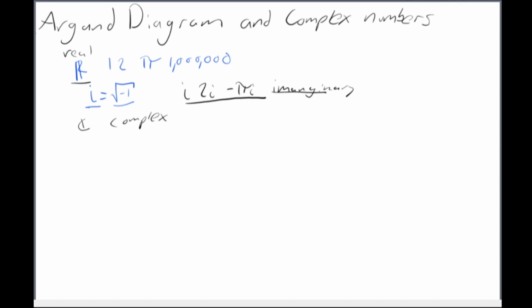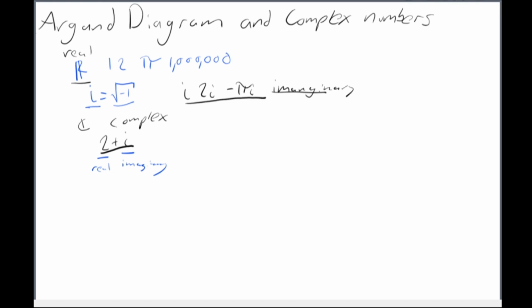So something like 2 plus i is a complex number. There's no real way to combine or simplify this expression anymore. We have the real part over here, the 2, this is the real part, and the i is the imaginary part.